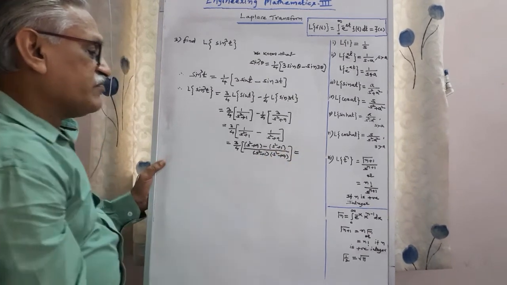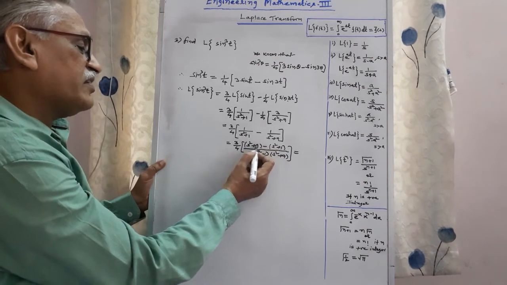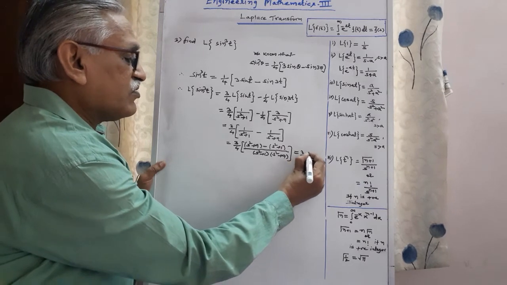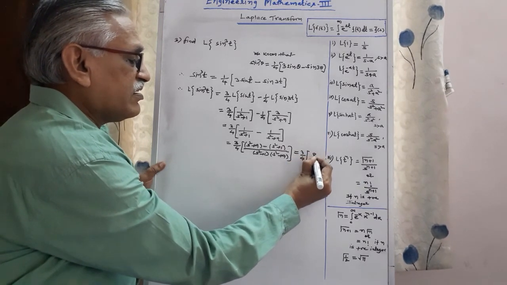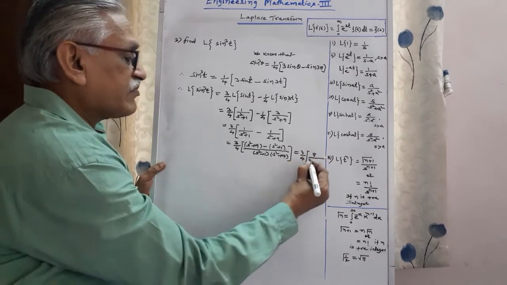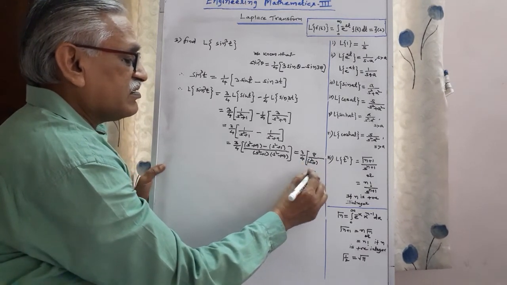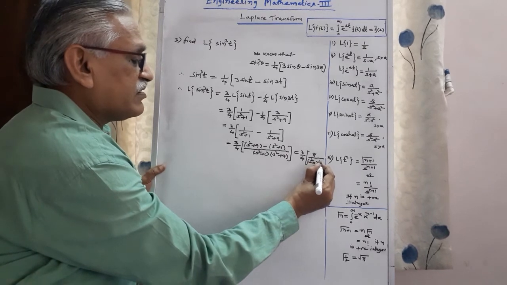That is equal to, s square gets cancelled, 9 minus 1 we get 8, therefore 3 by 4 times 8 divided by s square plus 1 into s square plus 9.